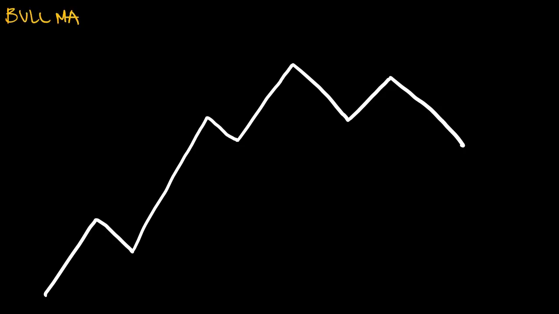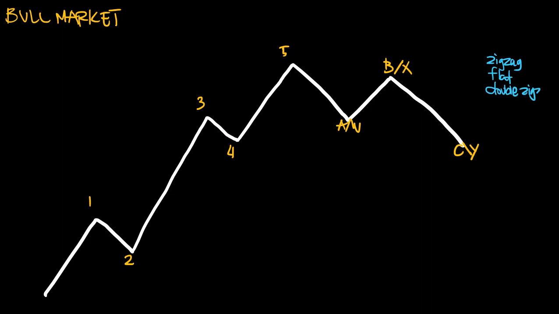Take this bull market for example, with a 1, 2, 3, 4, 5, A, B, C, or WXY pattern. The corrective pattern possibilities are either a zigzag, a flat, a double zigzag, or a double three combination.